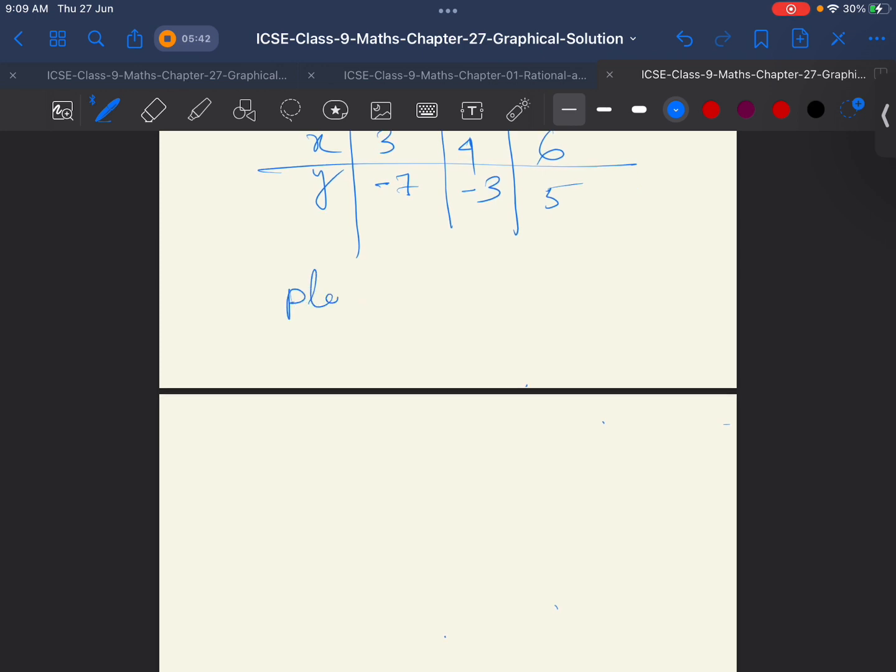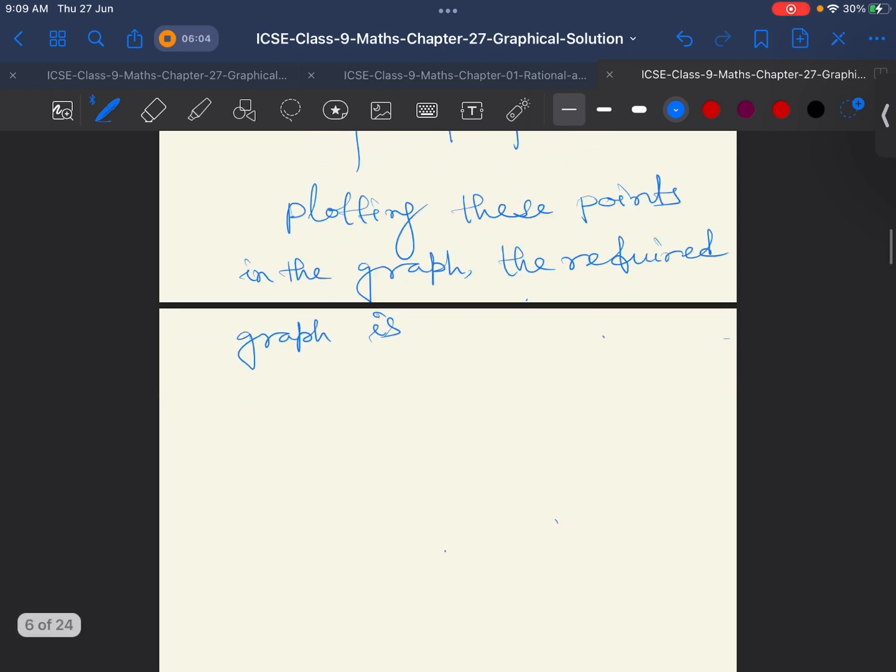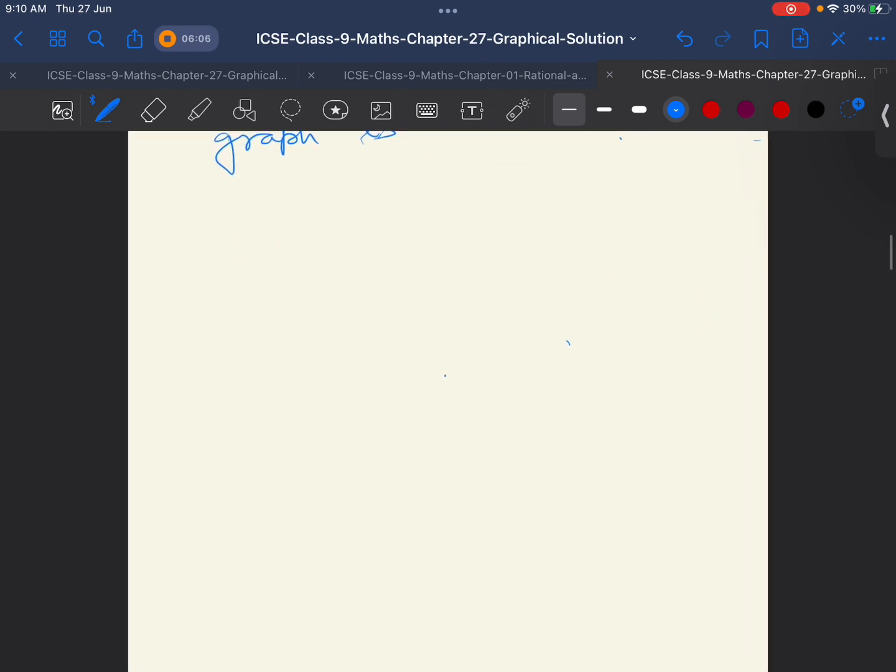Now plotting these points in the graph. So the required graph is: this is y dash, and this is x dash, the x-axis and y-axis.